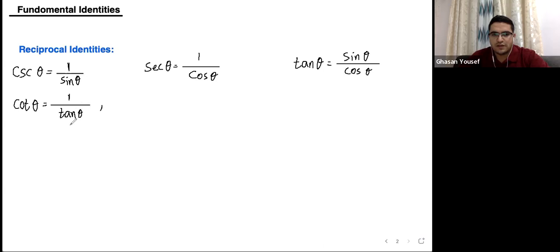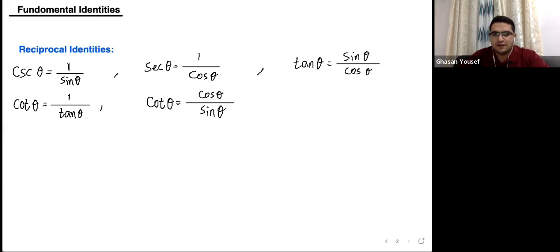And 1 over tan is also equal to cosine over sine, because it is the reciprocal of the tan function. So cotan theta equals cosine theta over sine theta. So this is all of them, 1, 2, 3, 4, 5. All of them are the reciprocal identities.